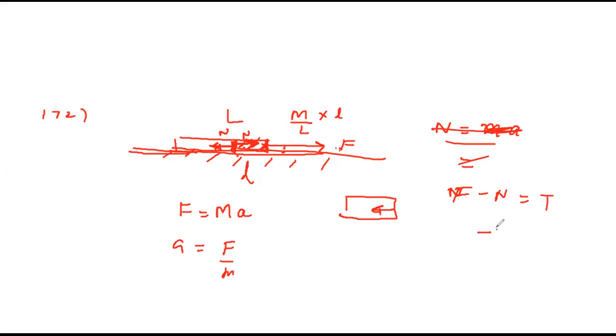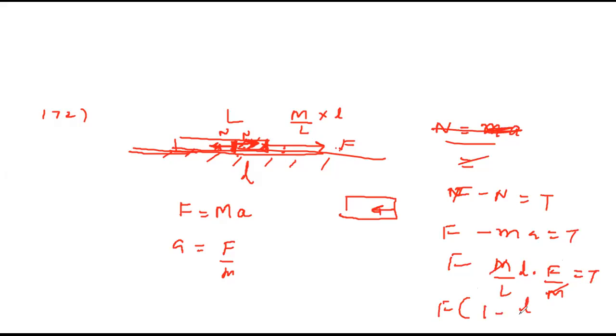N is nothing but M a, which is mass per unit length into L times F by M. F is common, so 1 minus L by L is the tension. F times (1 minus l by L) is option D. Once again, see the concept.